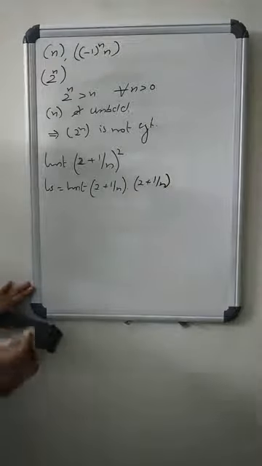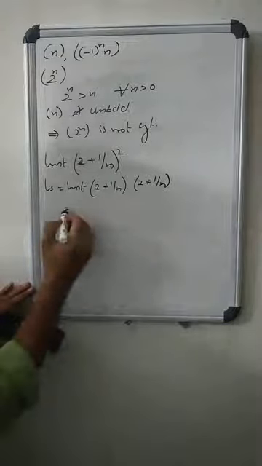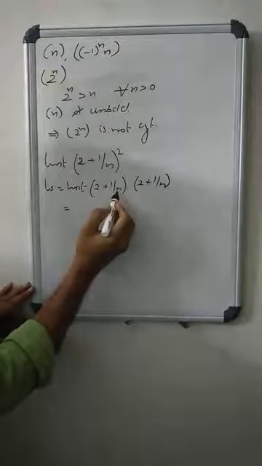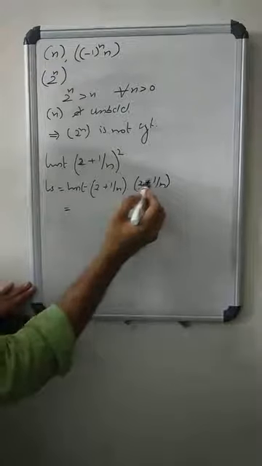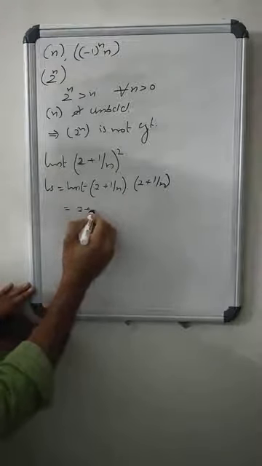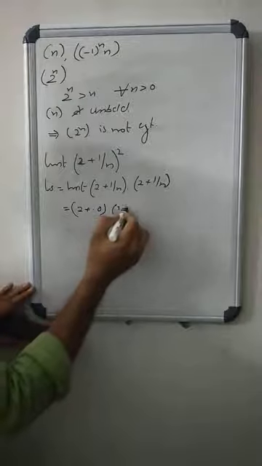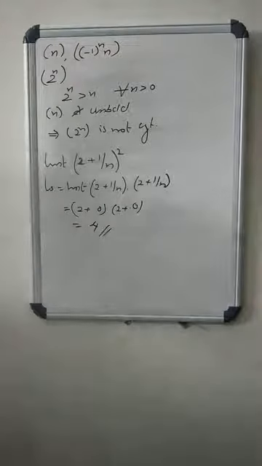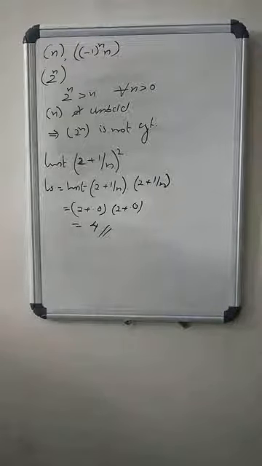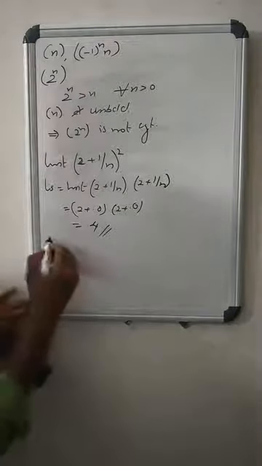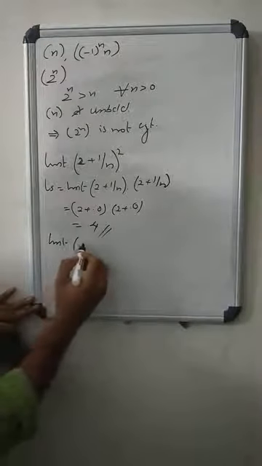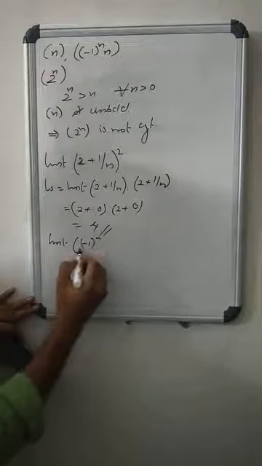What is the limit as n tends to infinity of 1/n? The sequence 1/n tends to 0. Therefore, it is (2 + 0) times (2 + 0), so the limit of (2 + 1/n) squared is 4. Agreed.